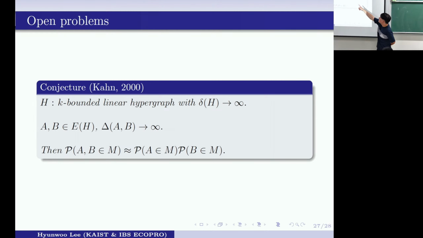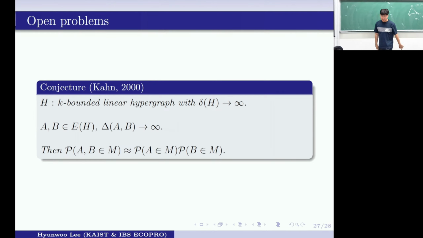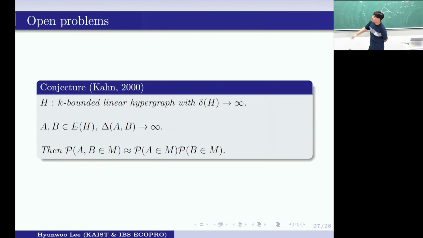Since the minimum degree goes to infinity and their distance goes to infinity, in some sense, if we convert this problem into the K-walk tree that I just introduced, then these two K-walk trees share some similar structures.